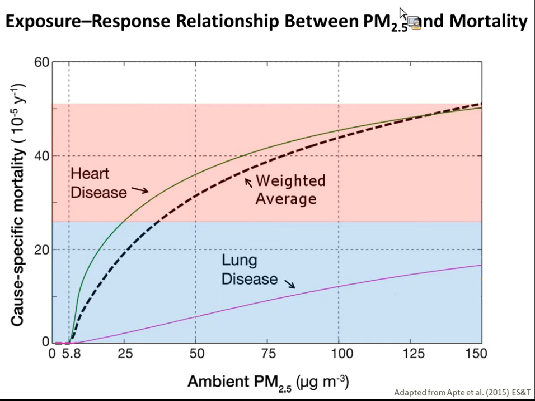Now, if we cut the health impact in half here, so the maximum is at around 50, the minimum is around 0, when we draw a line at 25, you can see, if you move the slides in the right direction, the change from 2.5 micrograms per meter cubed to 5.8 micrograms per meter cubed has the same impact as the change from 150 micrograms per meter cubed to 25 micrograms per meter cubed in terms of the health effects that we can associate with PM2.5 concentrations within those ranges.